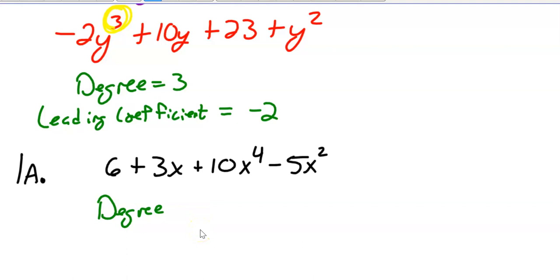Okay, so again, find your highest power. It's x to the 4th, so your degree is equal to 3. And I'm going to abbreviate just so it doesn't take us quite as long. Your leading coefficient then is just the number that's in front. And that would be 10.